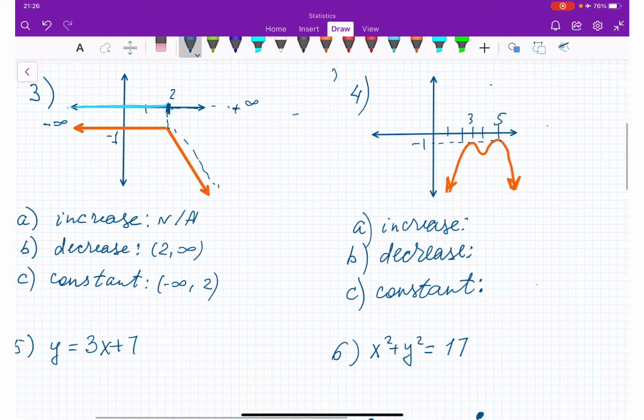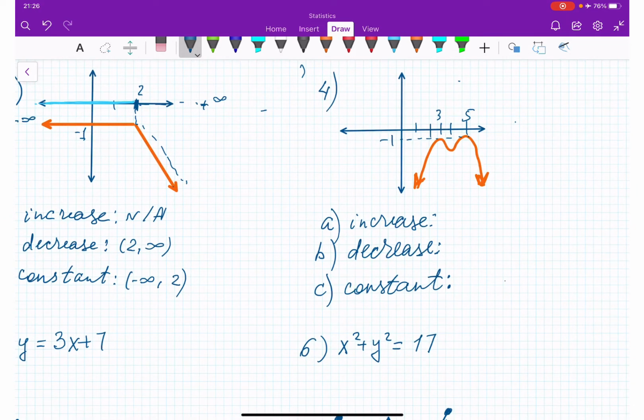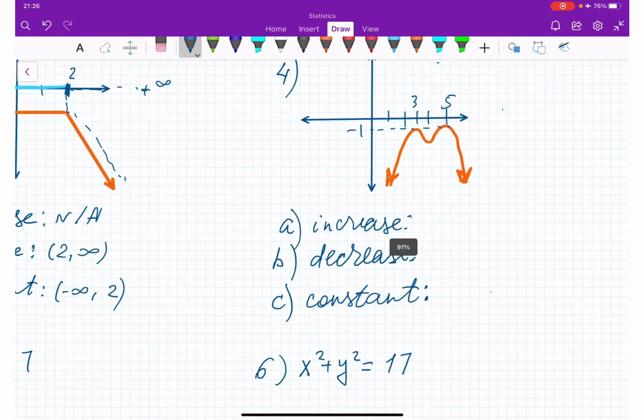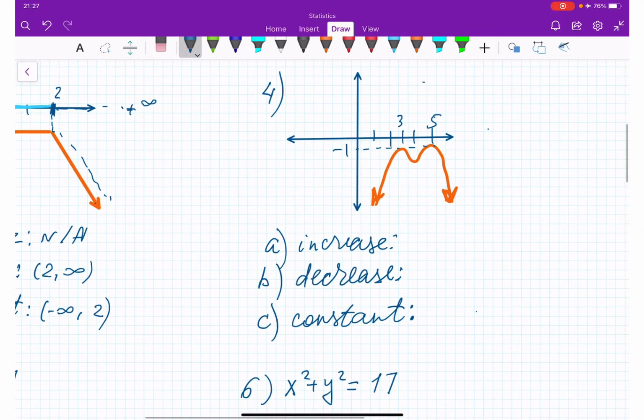All right. Question number 4. Let's see what we have here. We have a graph where we are going to identify where it is increasing, decreasing, or constant. I think we have here an increasing interval and a decreasing interval.